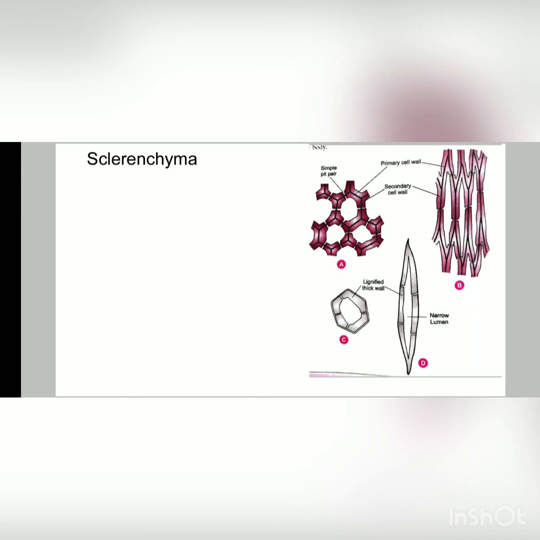C shows single cell in transverse section which is having thick wall with no cytoplasm and nucleus, means no protoplasm. And D shows the structure of cell in the longitudinal section.